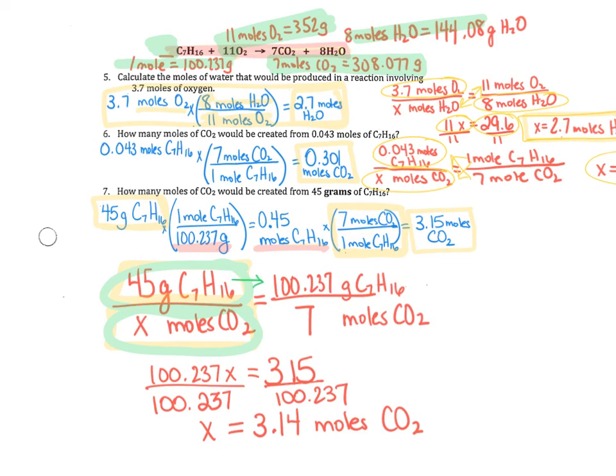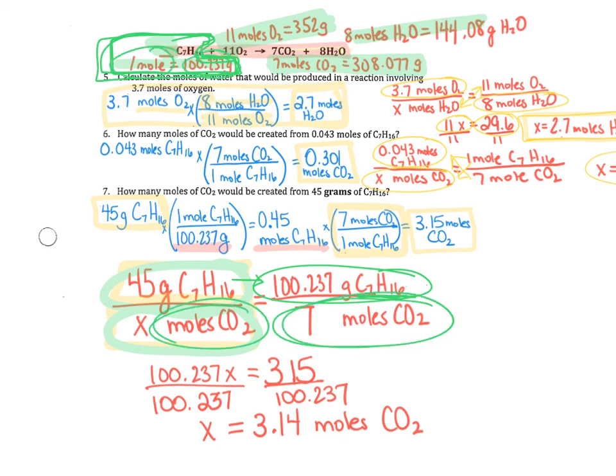So my grams of C7H16 that I would need according to my equation, well, 1 mole is what I need, and 1 mole of C7H16 is 100.237 grams. So that's why I put that up there, is because this equation says I need 1 mole of it, and 1 mole has that mass. And then I use my 7 moles of CO2, that's on the bottom, and I use my equation there, and then I still cross multiply.